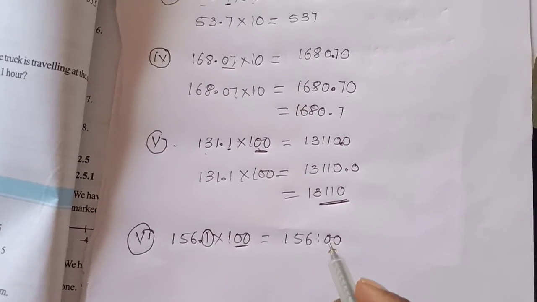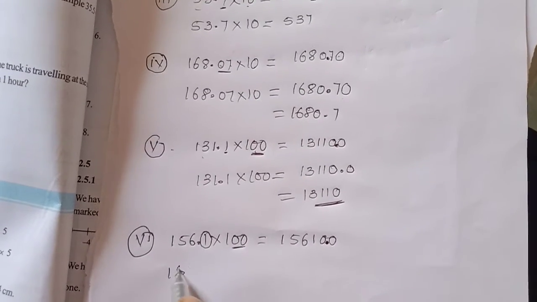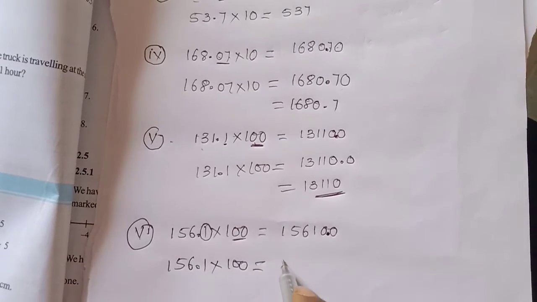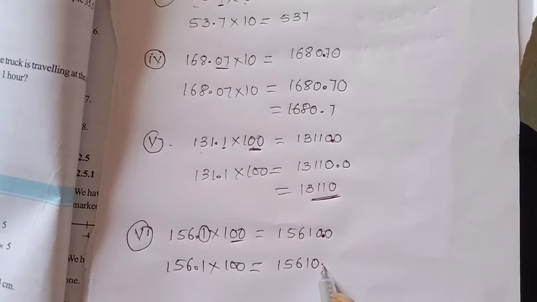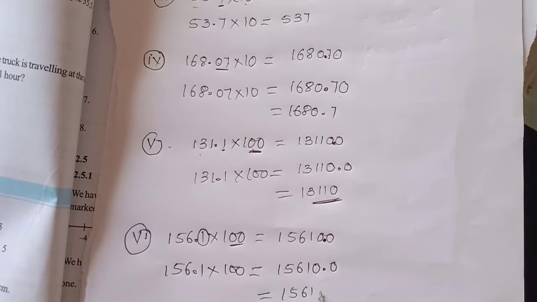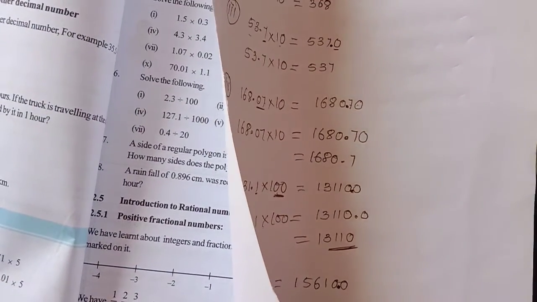So one digit after means we get the point here. So 156.1 into 100 is equal to 15610.0, which we can simply write as 15610.